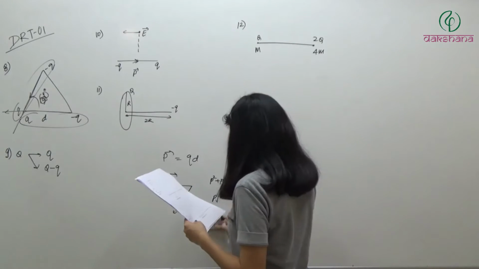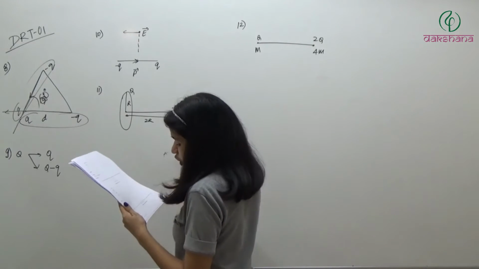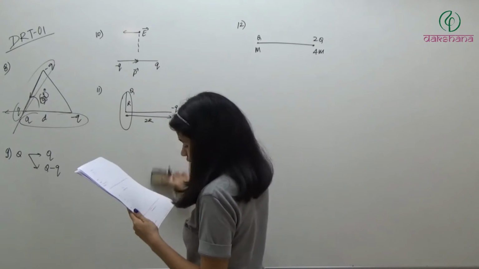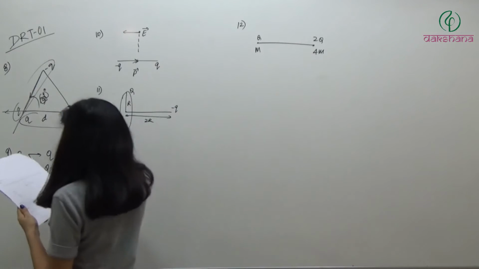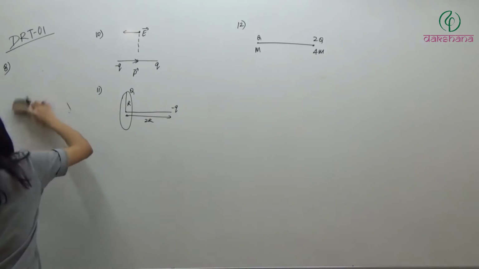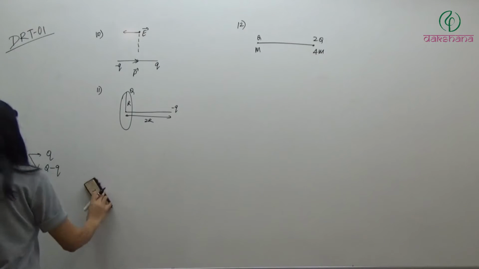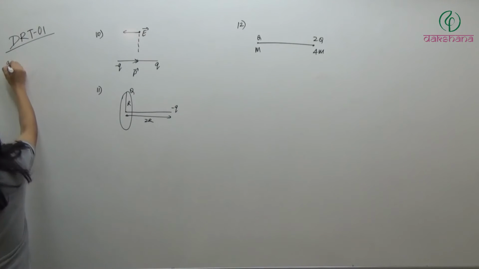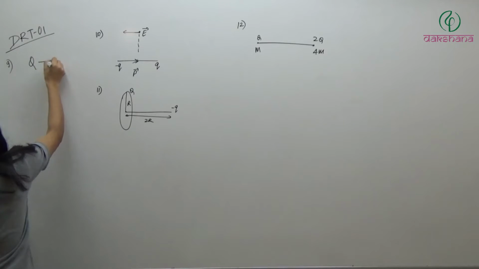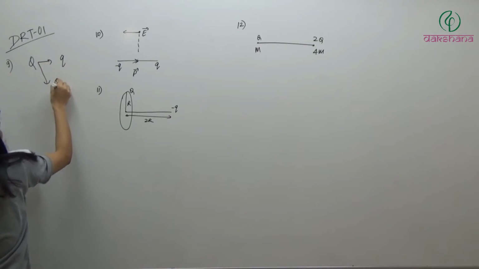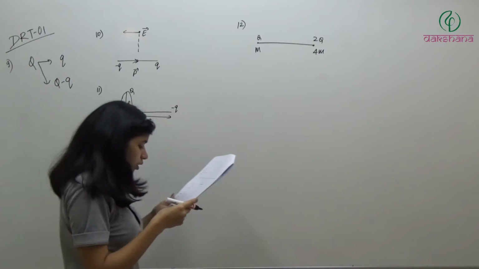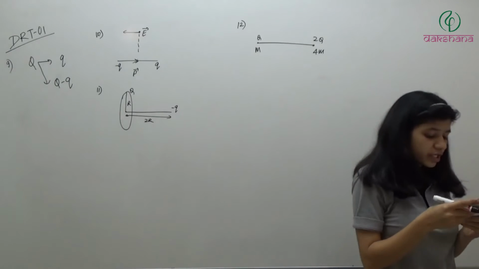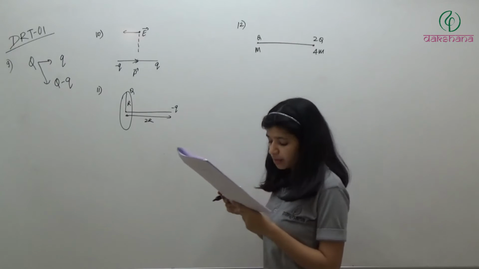Next, question number 9. A charge Q is divided into two parts, q and Q minus q. Capital Q was the initial charge and it is divided into small q and Q minus q. Then the force of repulsion between them will be maximum when?